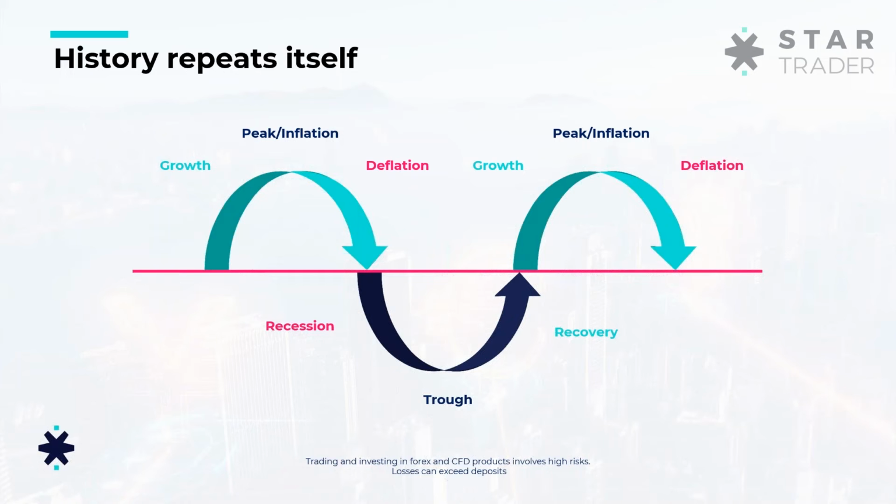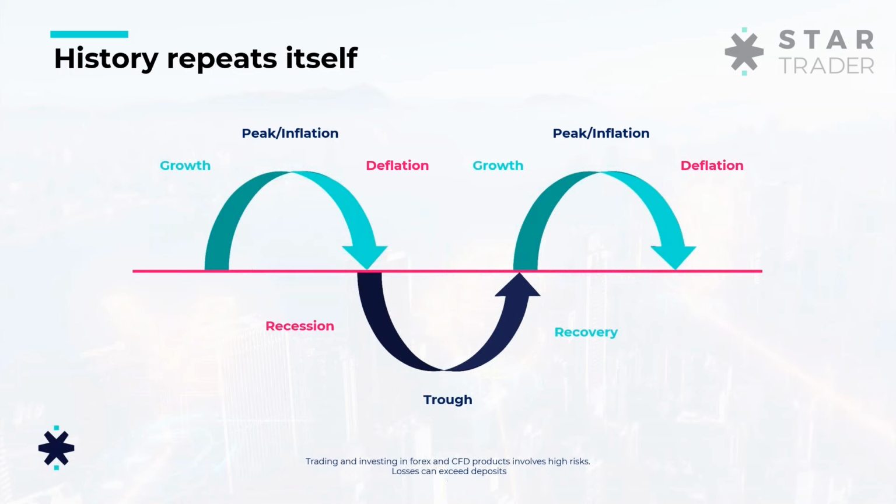If you can look at the history, if you can read in the history, you will notice the same pattern. We have a growth, then we will reach the peak or the inflation where central banks start increasing interest rates. Meanwhile, the economies will start adapting, companies will start adapting, and then we will have a slow deflation that will accelerate at some point until we exceed the equilibrium point and go into recession.